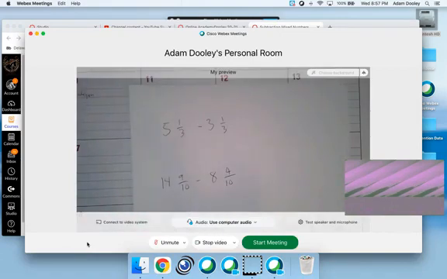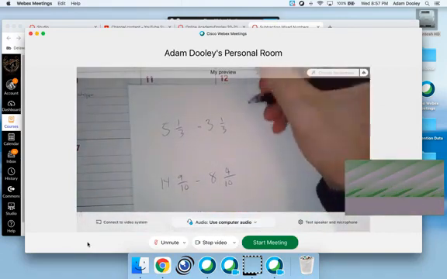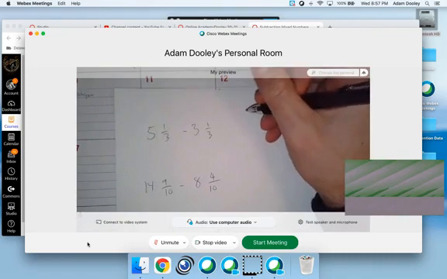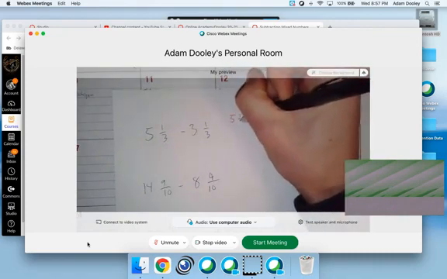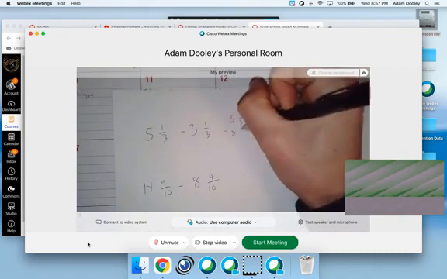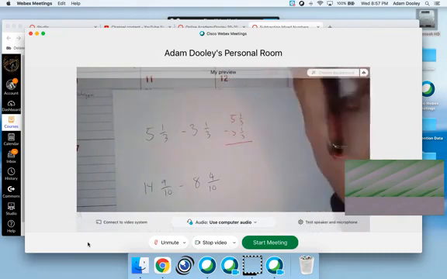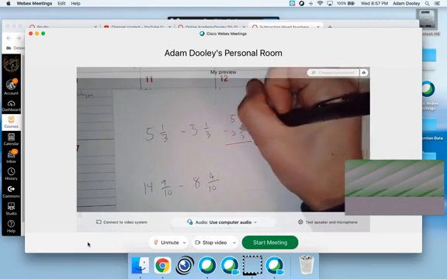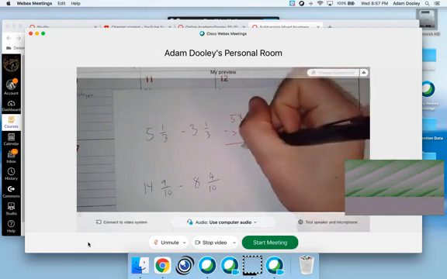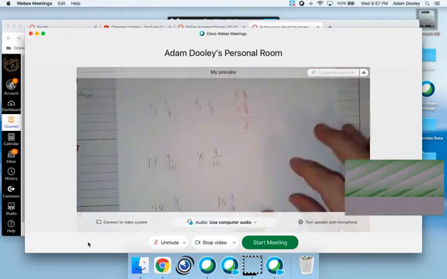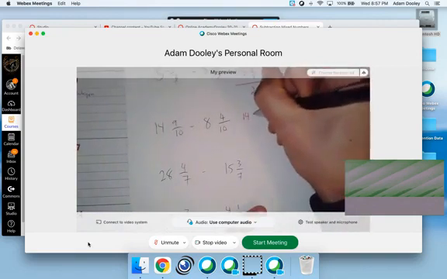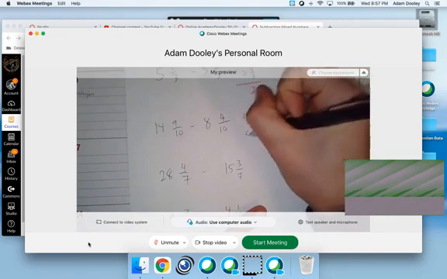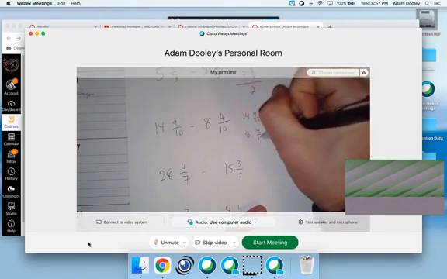So first thing we need to do is rewrite this so it goes vertically, straight up and down. So if we rewrite this vertically, that's 5 1/3 minus 3 1/3. So 1/3 crosses out 1/3, so that leaves us with the only answer of 2. 5 minus 3. 14 9/10 and 8 4/10.